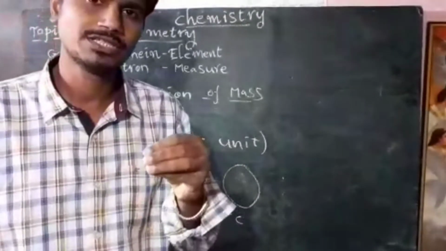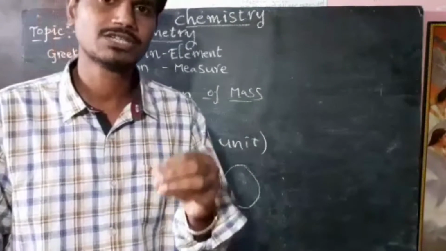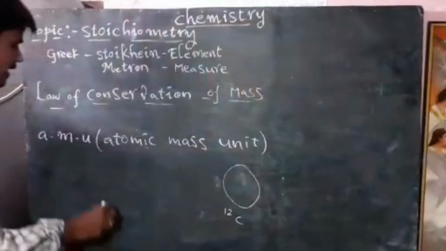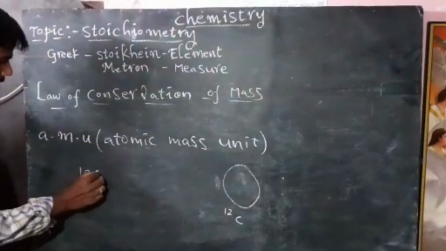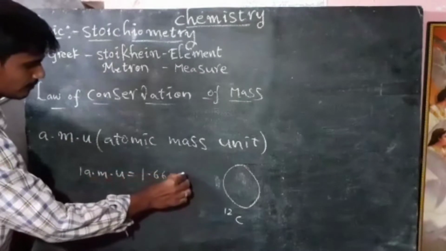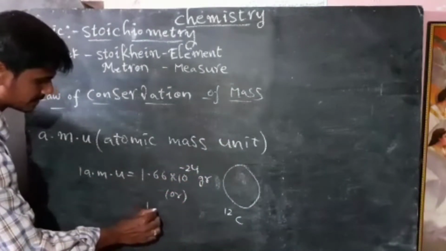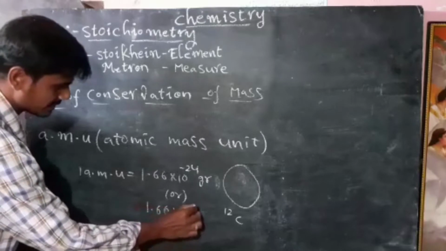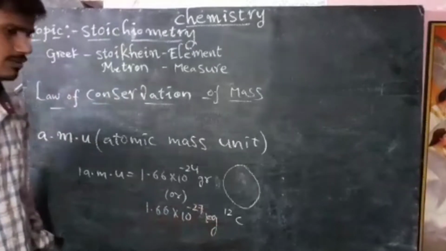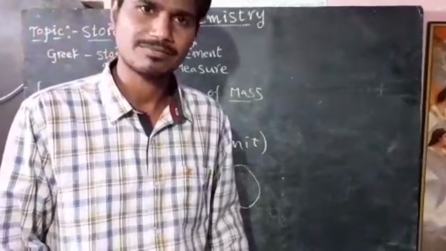One atomic mass unit is equal to 1.66 into 10 to the power of minus 24 grams, or 1.66 into 10 to the power of minus 27 kg. So this is about the atomic mass unit.